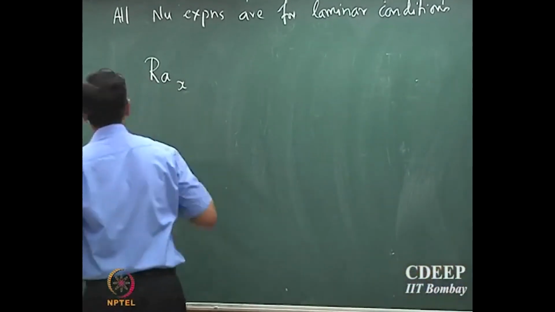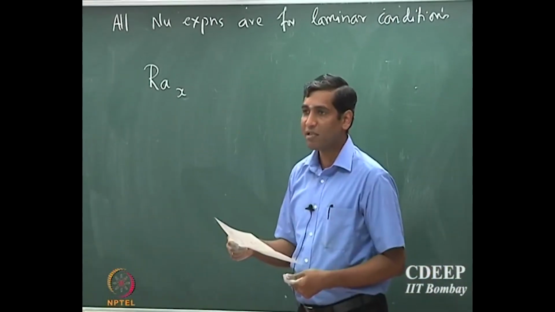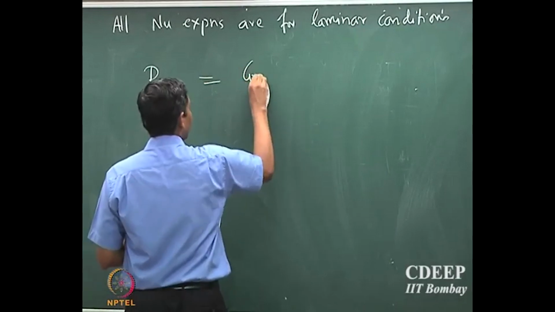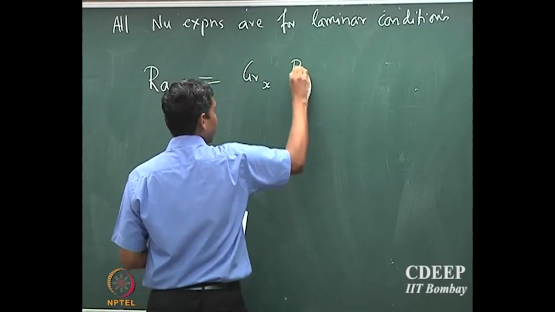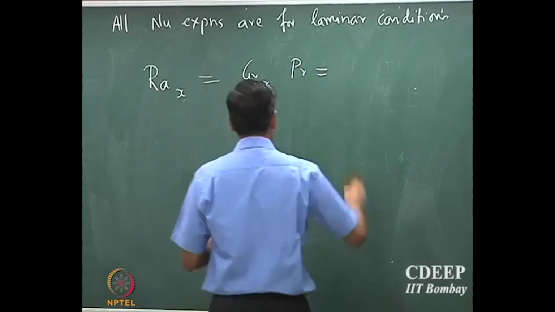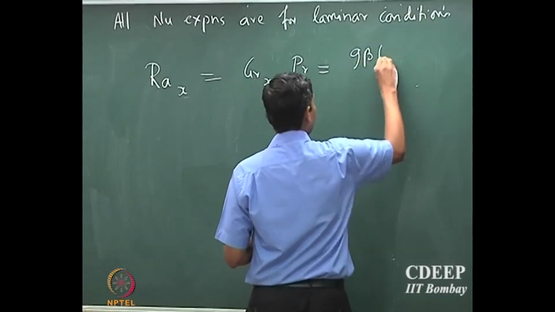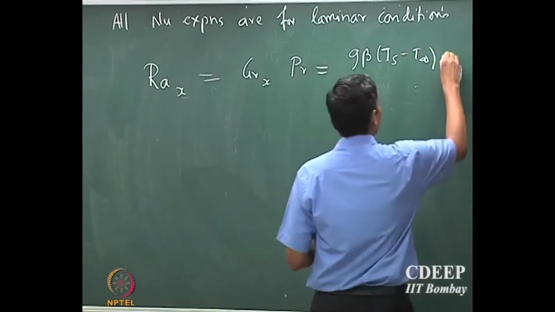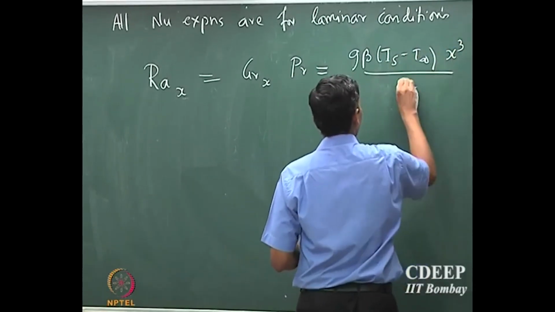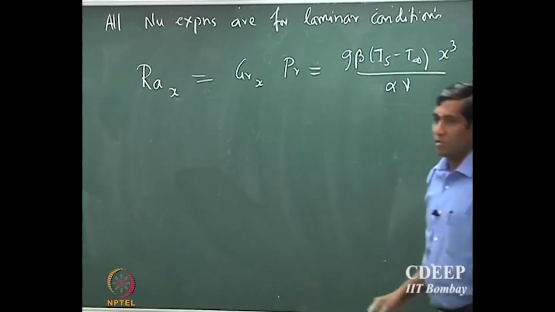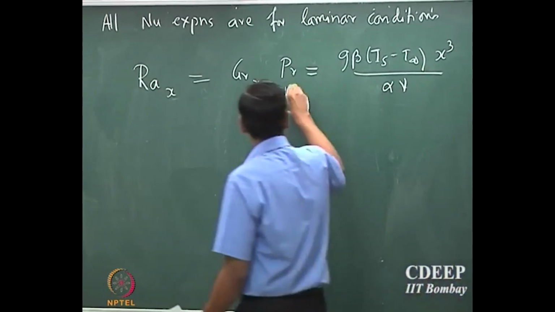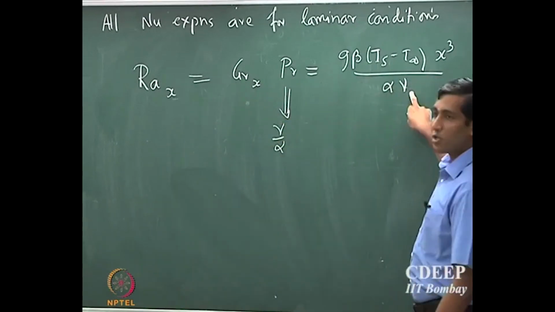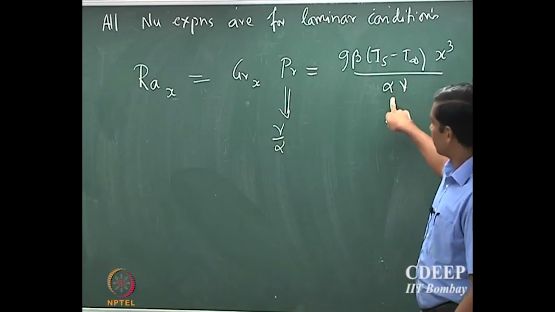We define the Rayleigh number based on the length, which is the Grashof number based on the length multiplied by the Prandtl number, and that is given by g beta (Ts minus T infinity) x cube by alpha into nu. Remember the Prandtl number is nu by alpha. I multiply it by the Grashof number, so the nu square cancels off and you get an alpha.